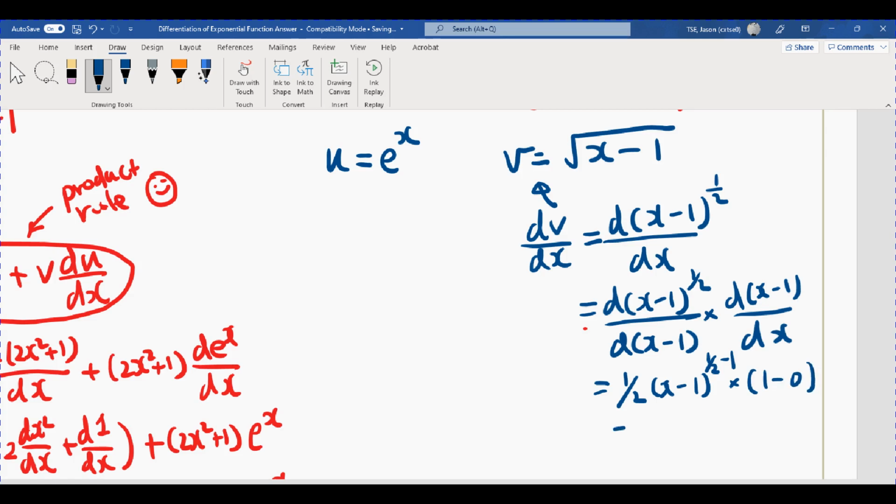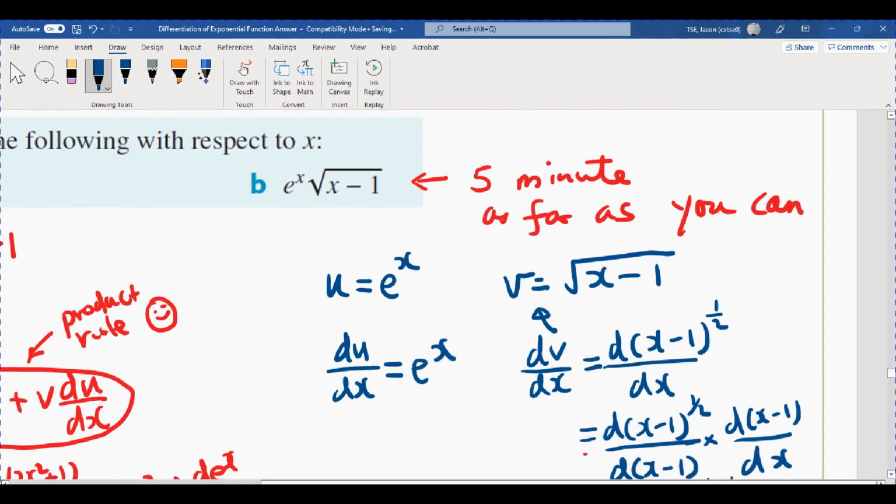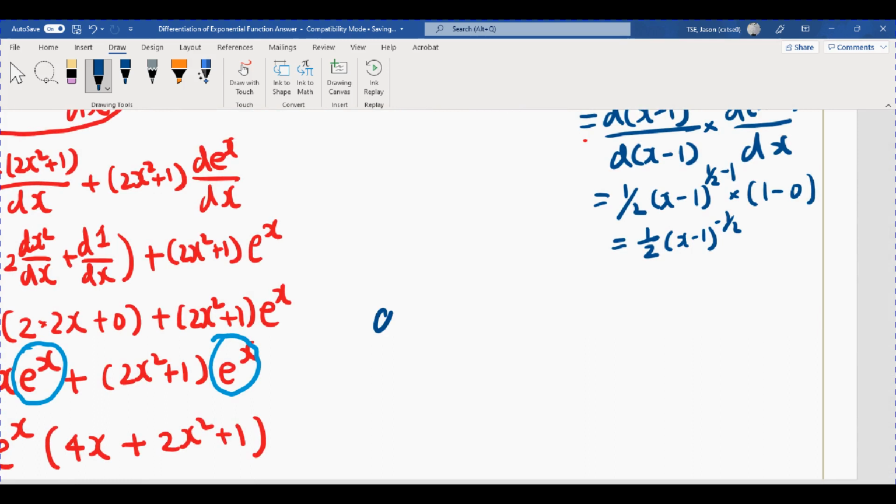So that actually becomes minus half. That's pretty much dv dx, and u is much easier. It's just itself. So the whole thing, how can we present it?